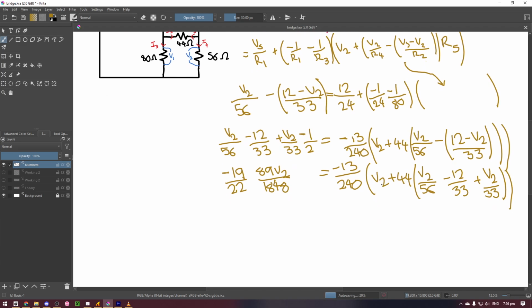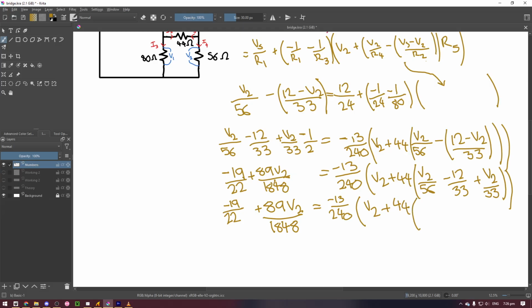And then we can continue down with minus 19 over 22 plus 89 V2 over 1848 equals minus 13 over 240 V2 plus 44, and we'll add these.